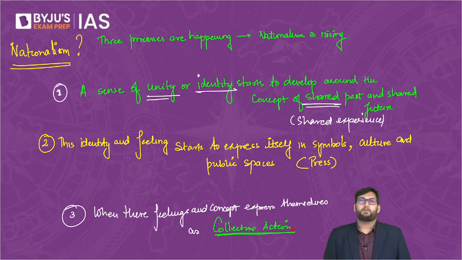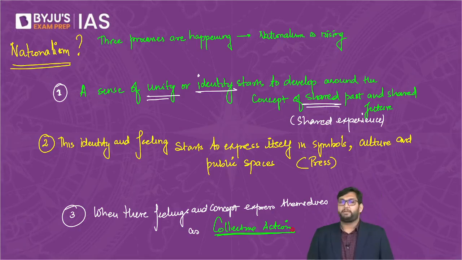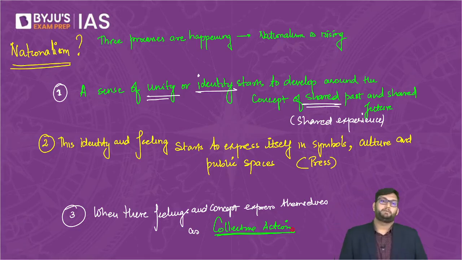Collective action, you want examples? Rowlatt Satyagraha, Swadeshi movement, non-cooperation movement, CDM, Quit India movement. Every moment in which Indians were on the road fighting with the British, that was collective action. Social religious reform movements are also collective action, where we all consent to say that yes, sati is bad, and we collectively act on it.